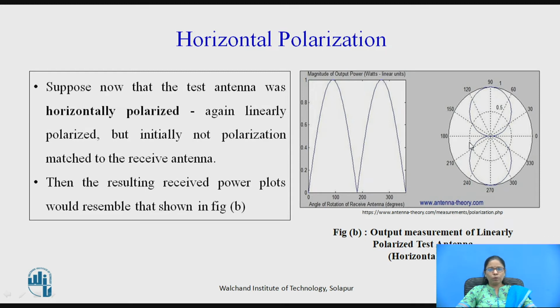From the polar plot, you can see that this kind of polar plot will be obtained when there is horizontal polarization. In this case, the antennas' polarizations need to be matched. The receiving antenna should also be horizontally polarized.